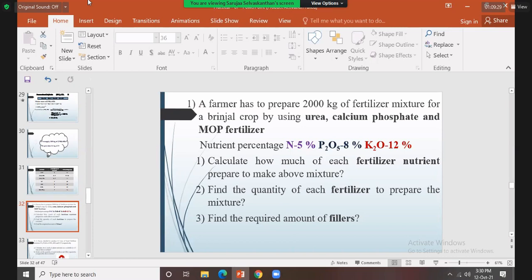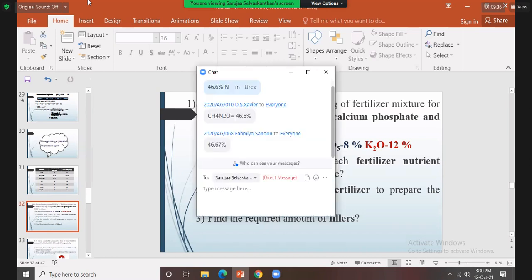Then you multiply 100 over 46 by 100. That is how you can find the amount of urea needed for nitrogen. Like that, you find the amount of phosphorus needed and potassium needed. Okay, now you can do it.